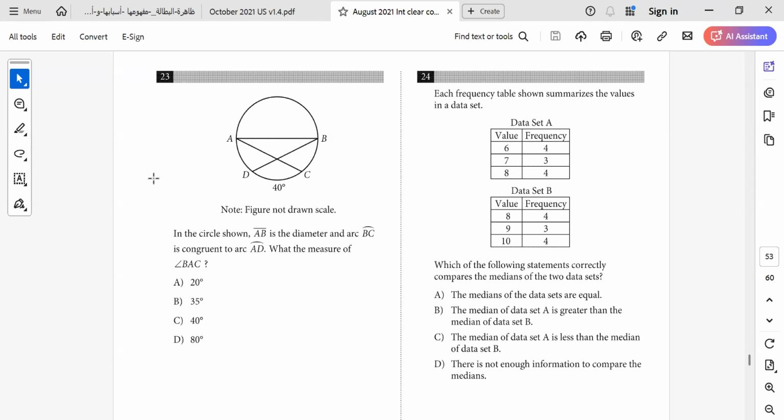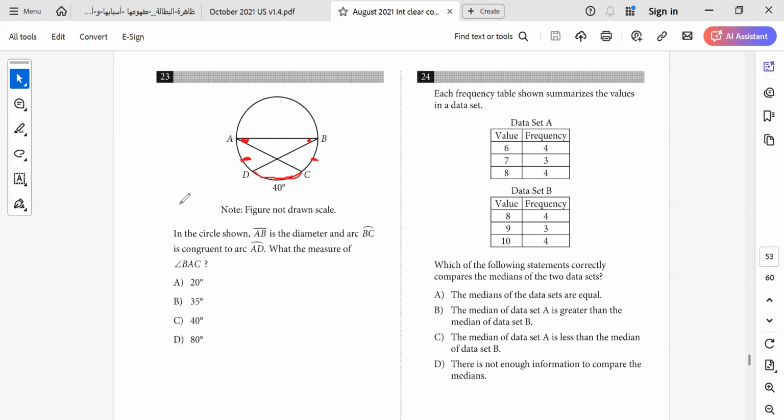Okay, 23. He gives me a circle with a diameter, and he says that this arc is congruent to this arc. Because the two arcs are congruent, these two angles are also congruent. This is 40, right?